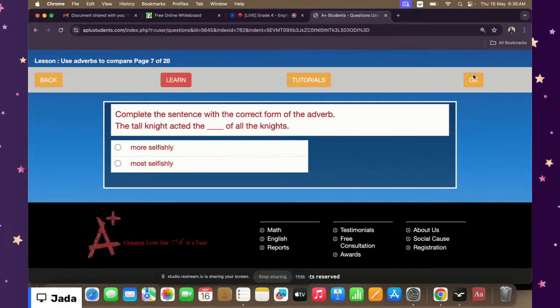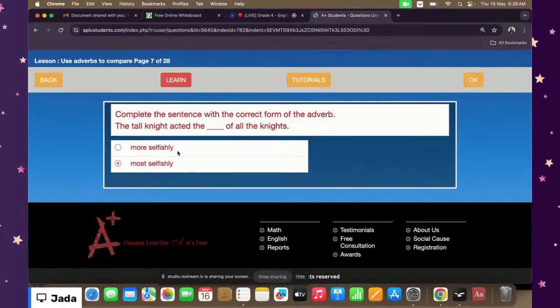The tall knight acted the dash of all the knights: more selfishly or most selfishly?